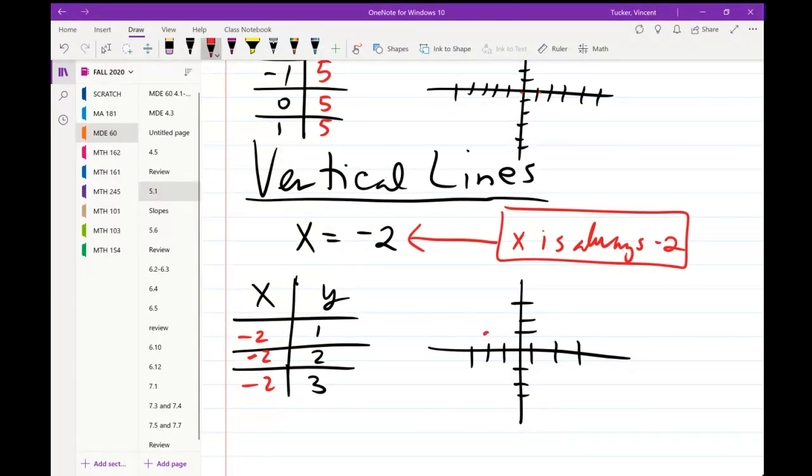Left 2, up 1, left 2, up 2, left 2, up 3. So we have a vertical line at negative 2. All right, questions before we look at our slopes?